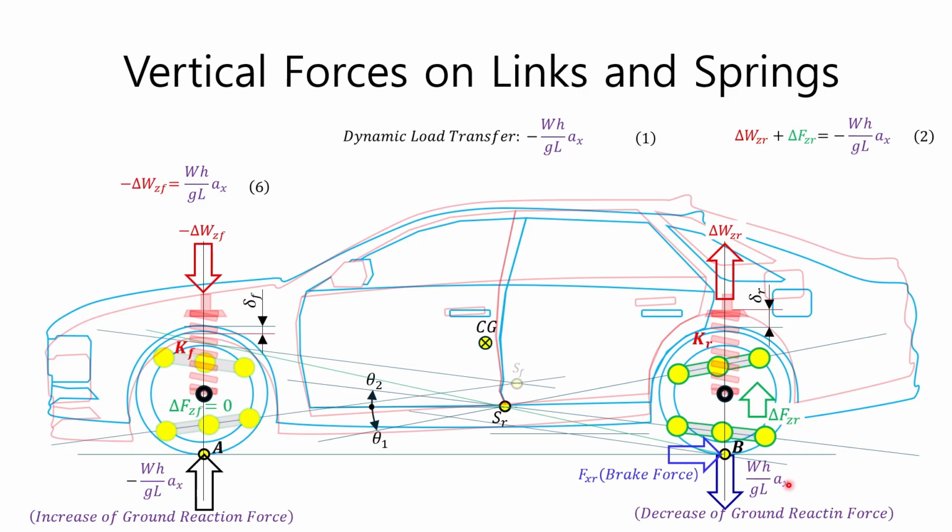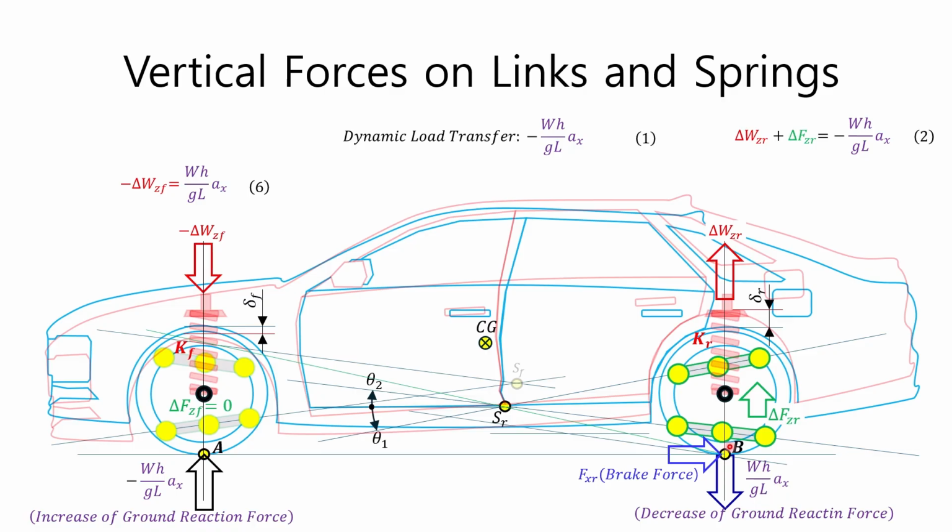If acceleration, AX, is constant, the decrease in rear ground reaction force must also have a constant value. Therefore, the sum of the reduction in rear spring force and the reduction in rear suspension link force must be equal in amount to the reduction in rear ground reaction force and opposite in direction.